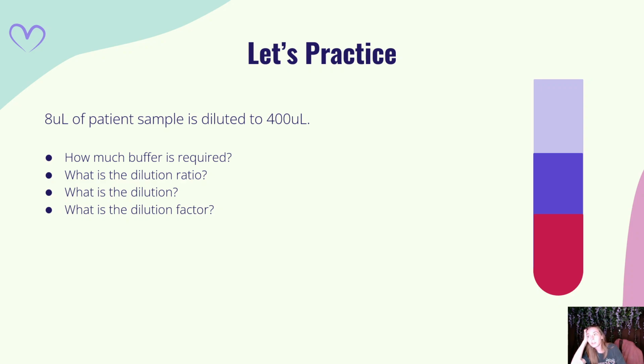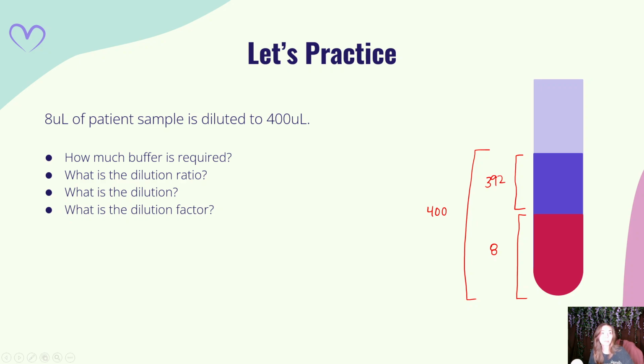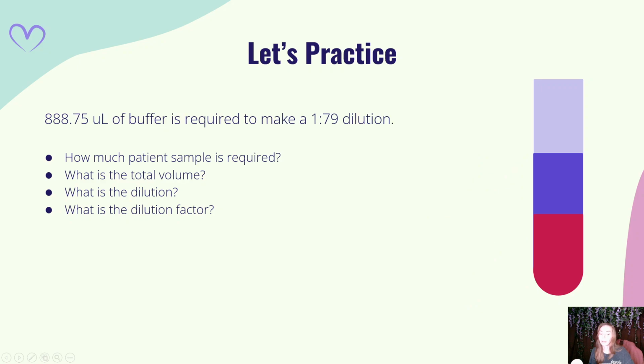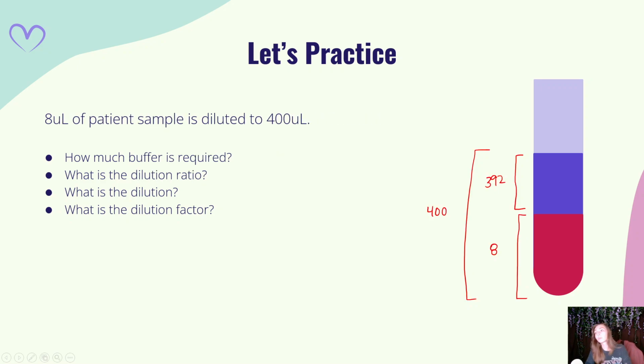8 microliters of patient sample is diluted to 400 microliters. So we know how much patient we have, 8 microliters, and we know how much total volume we have, which is 400 microliters. From this, we can very quickly do 400 minus 8 to get the amount of buffer that we added, which is 392 microliters.